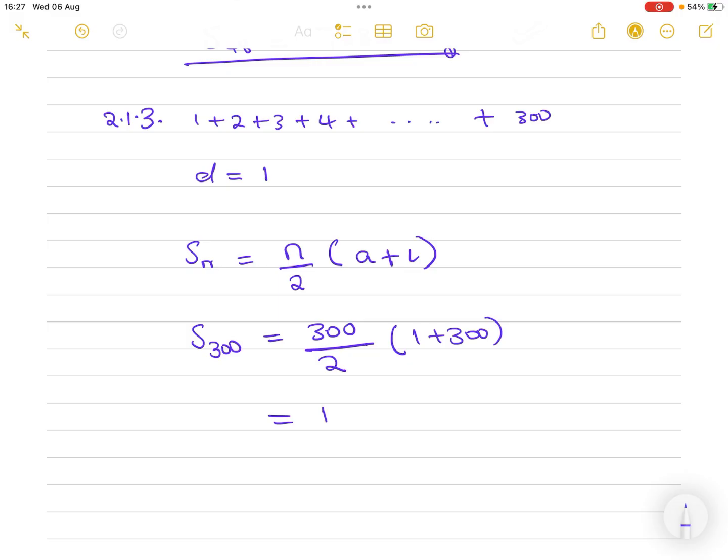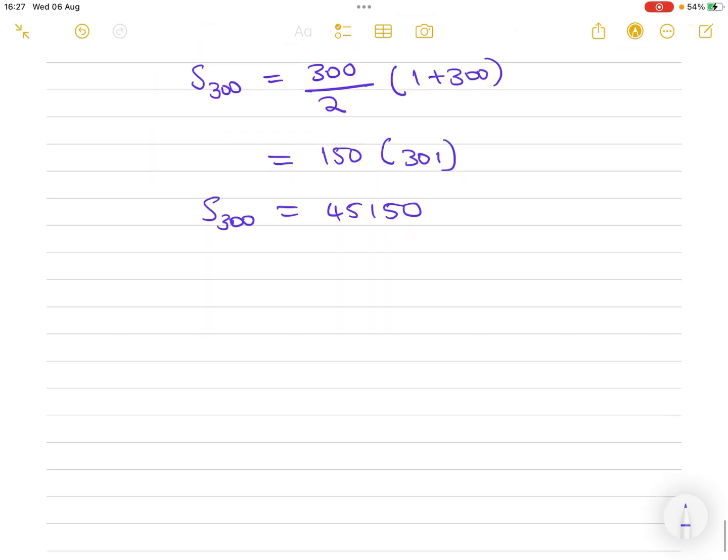So 300 divided by 2 is 150, multiplied by 301. So 150 times 301, the result is 45,150.